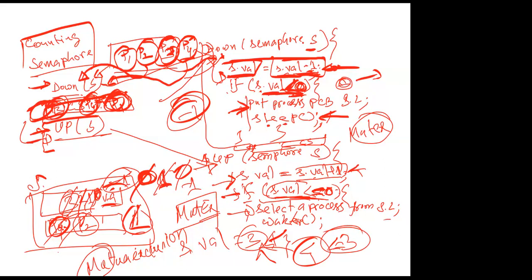Only when it is negative is there no spot for entering the critical section.